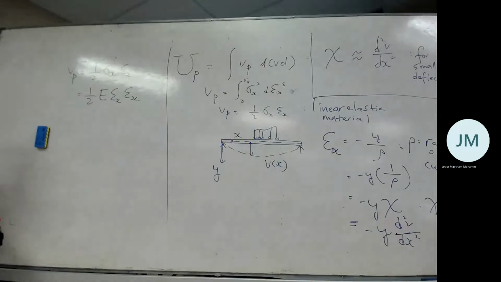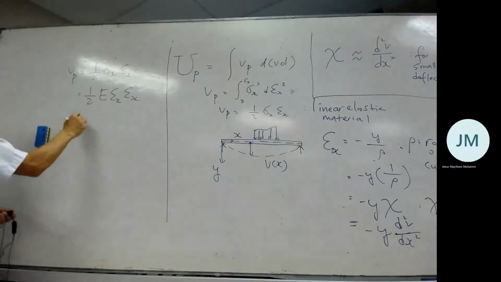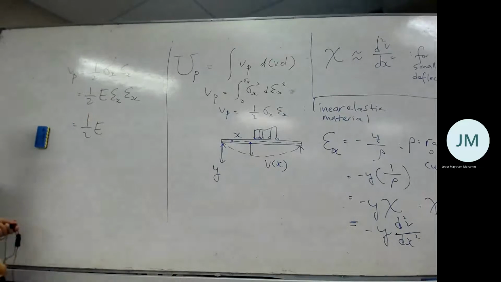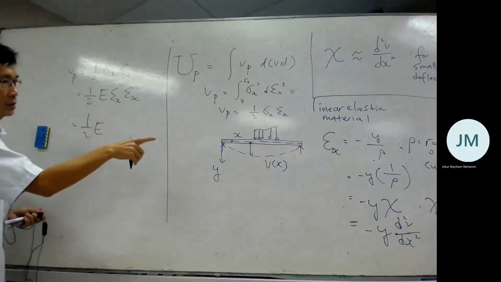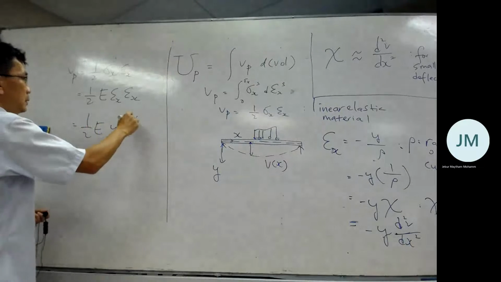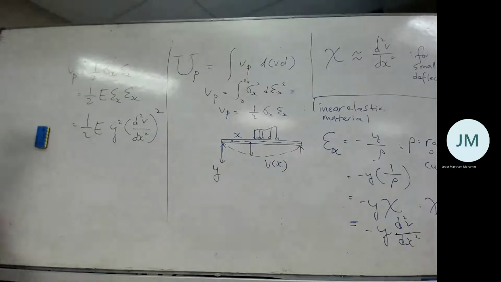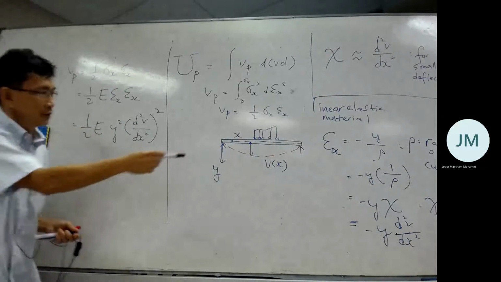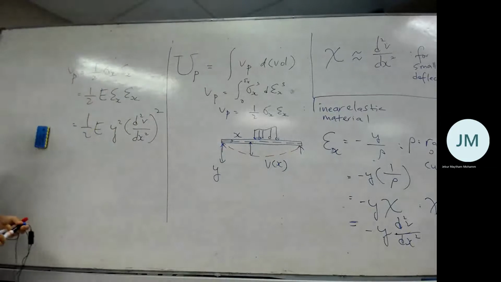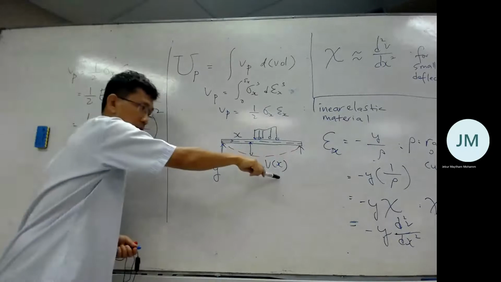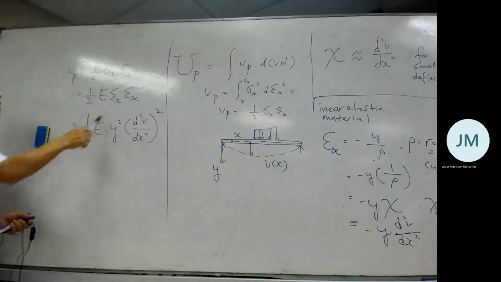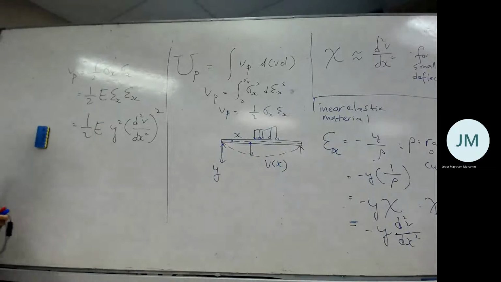So you are going to get half E, y appears 2 times so it becomes y square, d2v dx2 square. This is the strain energy density expressed in terms of the displacement V of a beam.